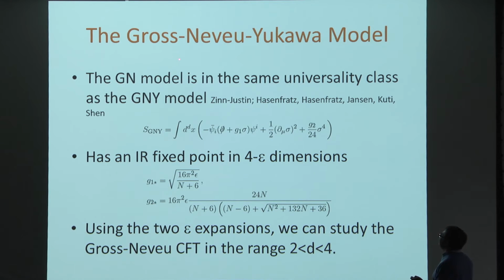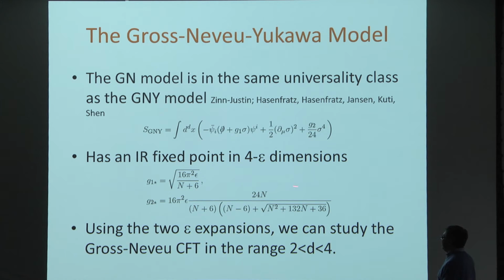Okay, and so here comes the UV completion. The Gross-Neveu model also is believed to have upper critical dimension 4, and its UV completion is just a multi-flavor Yukawa model. Basically, there is an extra scalar field that you need to add, and this extra scalar field couples with the Yukawa interaction to the fermions, and then you also have to add the other marginal operator, sigma to the 4.